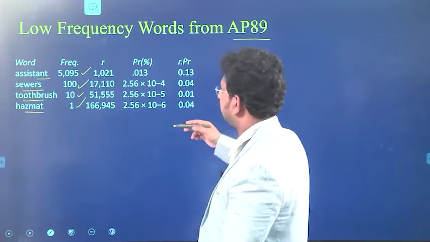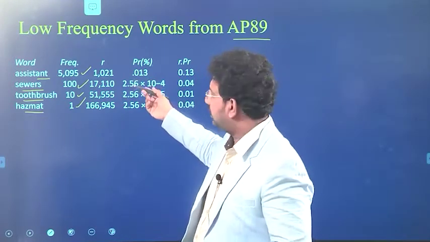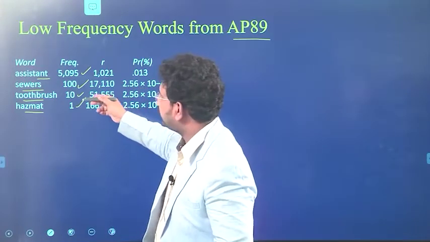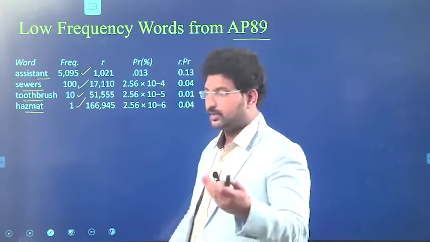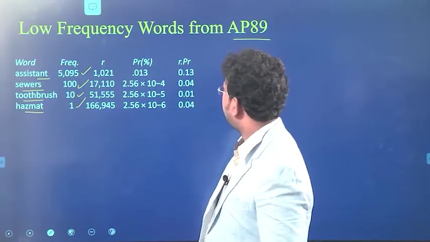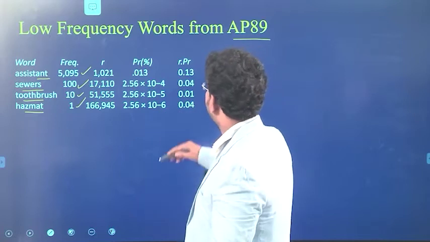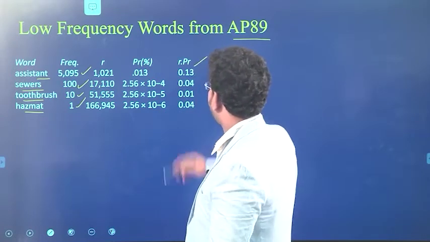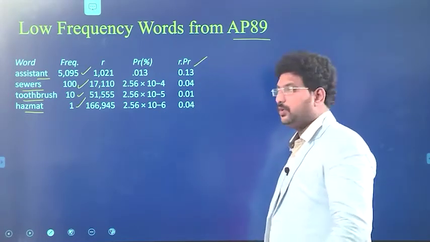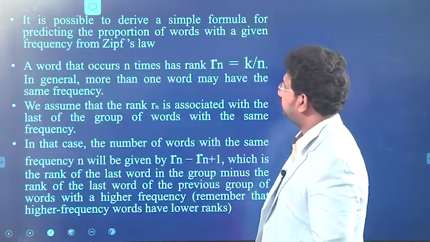So if the frequency is increasing, the rank is decreasing, and if the rank is increasing, the frequency decreases. So you are understanding this in a very clear way, and you also have the probability of the occurrence here, and the value of R and PR. So this is about the low frequency words from the AP 89 collection.